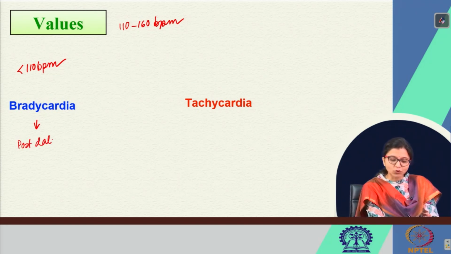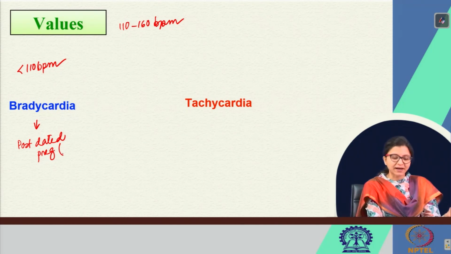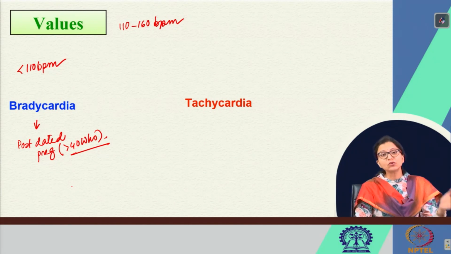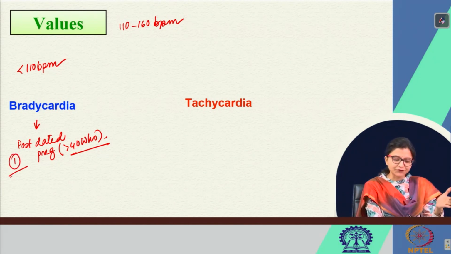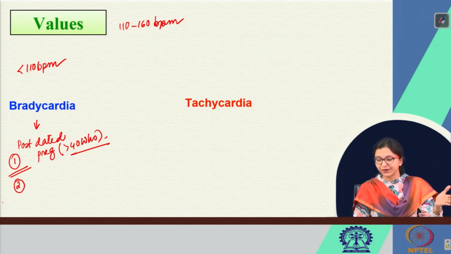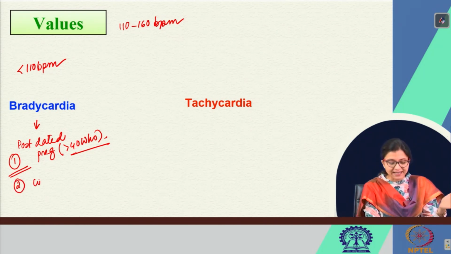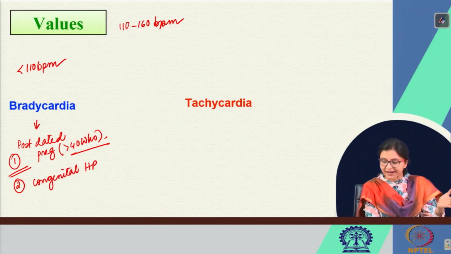Number 1 is post-dated pregnancy, because I have told in preterm the sympathetic system is more developed, but in post-term or post-dated there is more maturity of the parasympathetic system, which may decrease the fetal heart rate. In case of congenital heart block of the fetus, there can be fetal bradycardia.